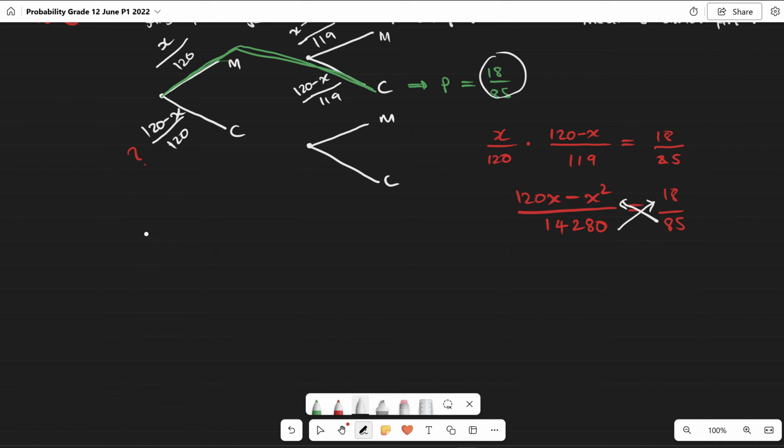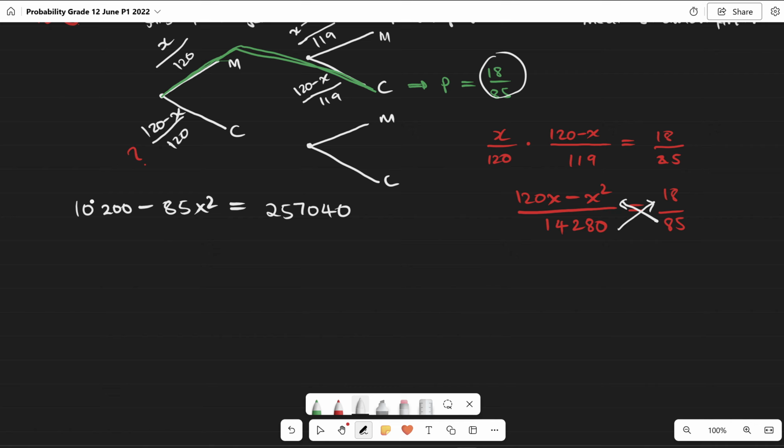This is 120 times 85, which is 10,200, minus 85x squared, is equal to 14280 times 18, which is 257040.